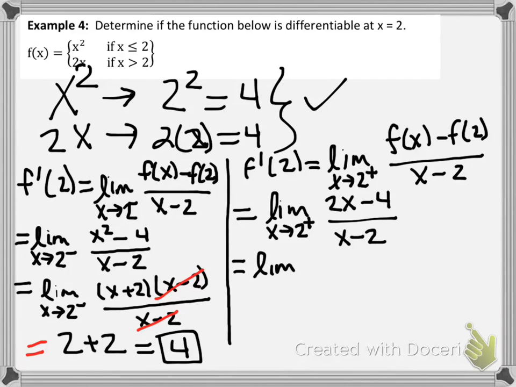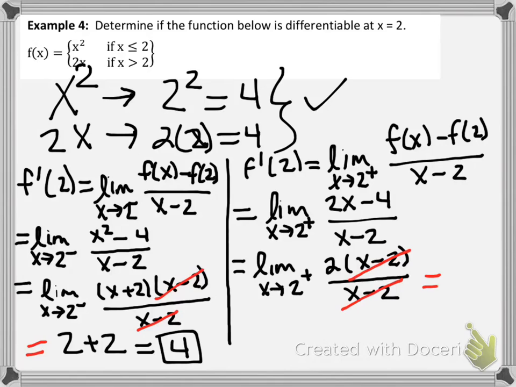This is the limit as x approaches 2 from the right of 2 times x minus 2 over x minus 2. And again, I should notice that I can cancel some stuff out. So my x minus 2's, I get rid of them, leaving me with a constant, which is 2.